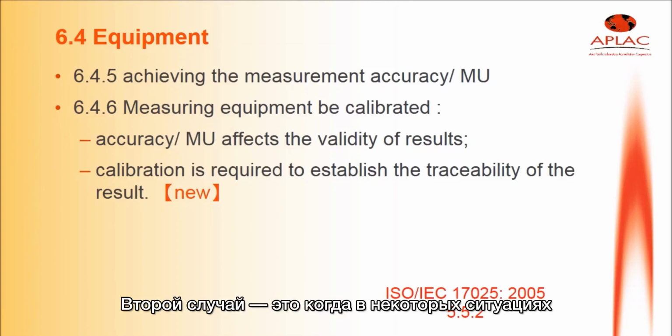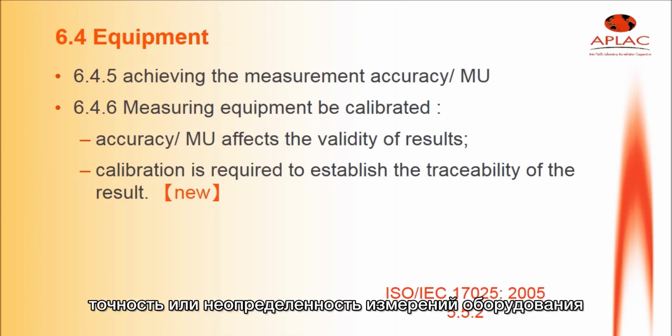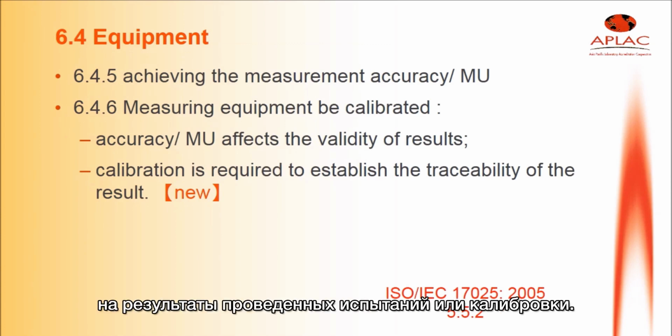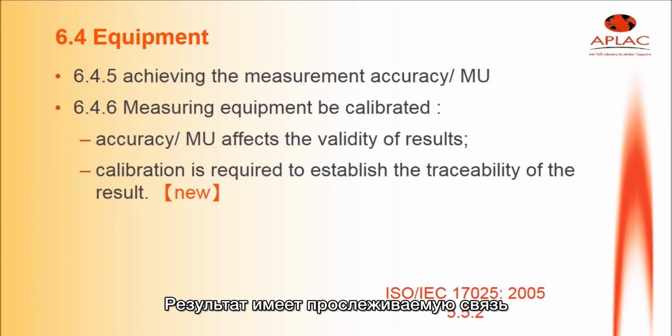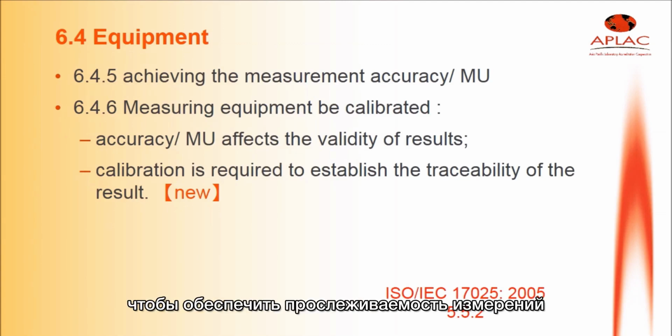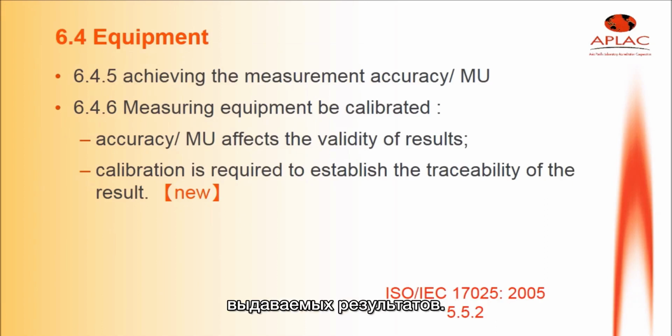The second situation is that in some cases the accuracy or measurement uncertainty of the equipment doesn't significantly affect the testing or calibration result, but the result is traceable to a parameter of that equipment. This equipment shall be calibrated so as to provide the measurement traceability of the reported result.